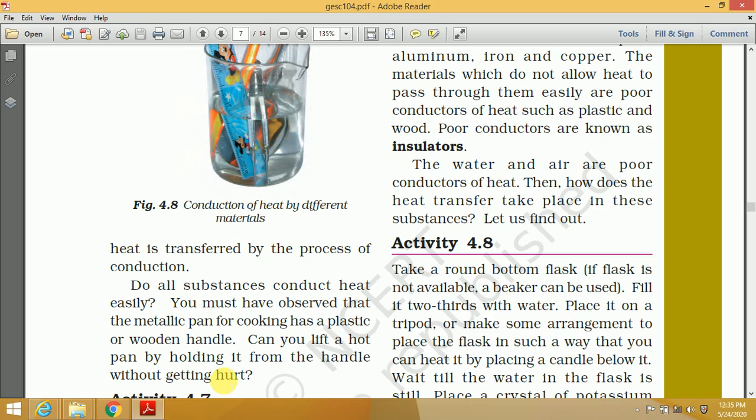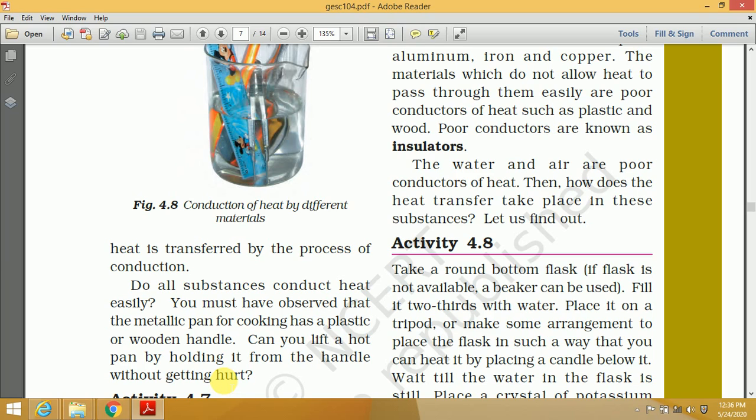Its answer is no. Only some of the substances can conduct heat. For example, if you have put one serving spoon in the vegetables which are being cooked, other end of the serving spoon will get heated up. Other end of the pan will get heated up.